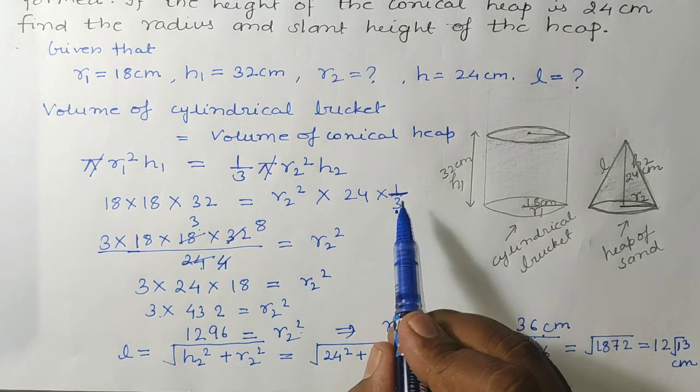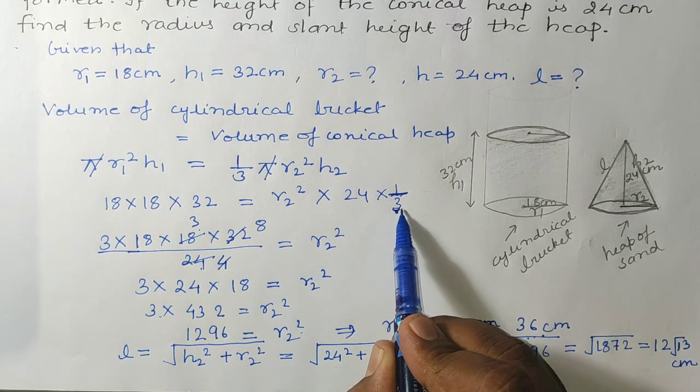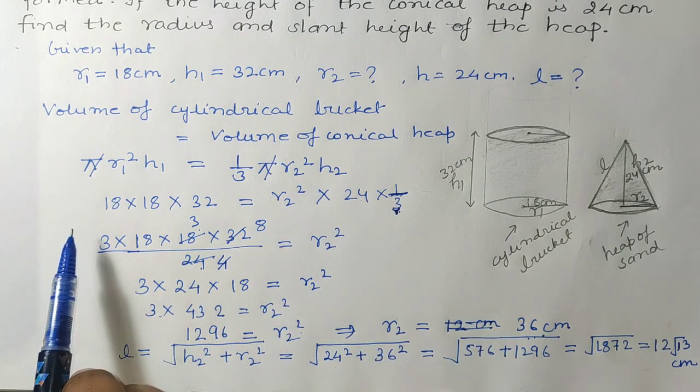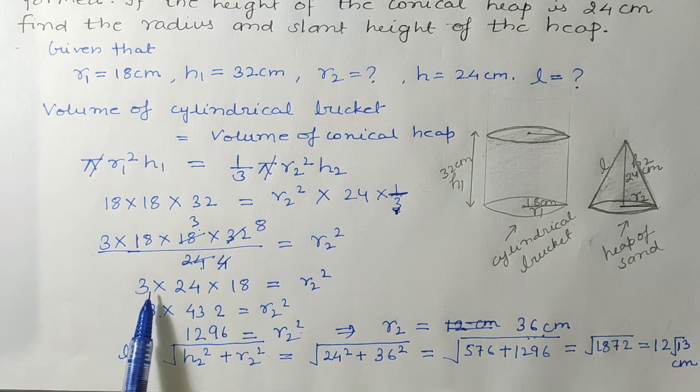Here 1 by 3 was left, so I have written that later on. Okay, and after that, when this 3 was shifted, here it will be multiplied. Okay, and when it is multiplied, it will be 3 into 24 into 18 and 3 into 432. After multiplying it, we'll get 1296 is equal to R2 square, and if R2 square is 1296, then R2 will be 36 centimeter.